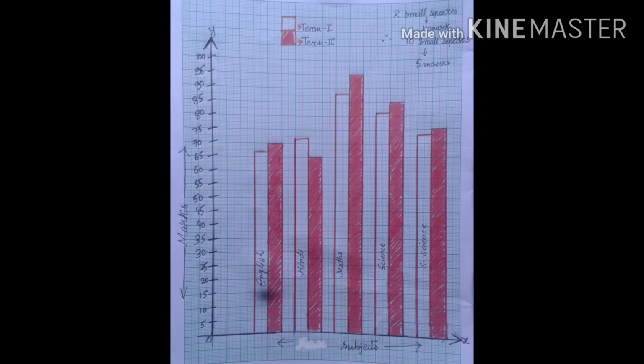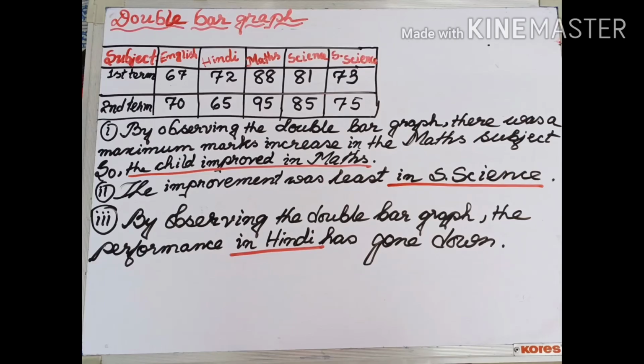You see the difference from the first term to the second term, the difference is more, right? So by observing the double bar graph, there was a maximum marks increase in maths. So the child improved in maths.